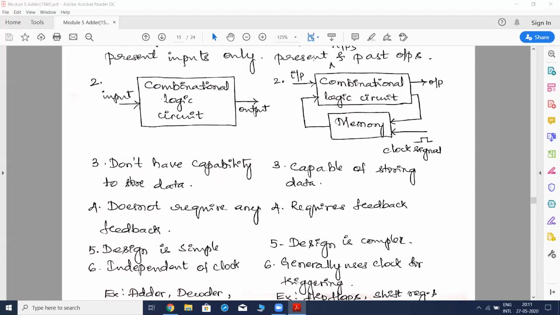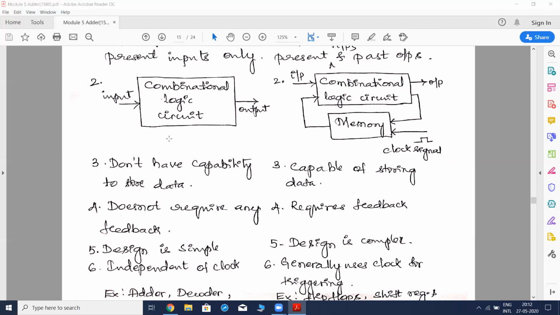Thereby we are converting the combinational logic circuit into a sequential circuit. From this we could see that some memory is available here. That is the difference that we could see.